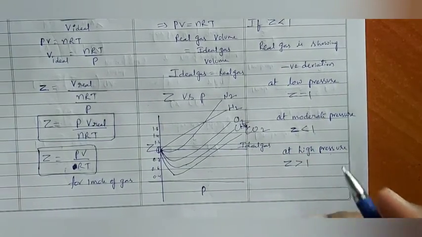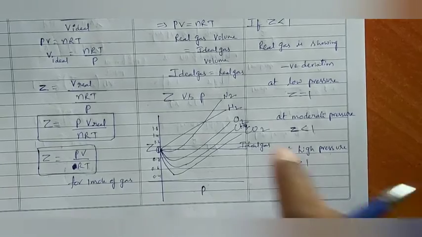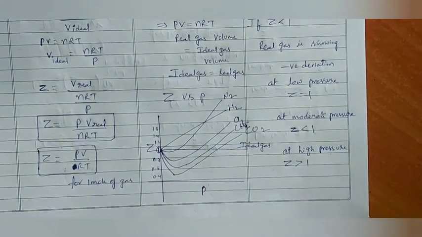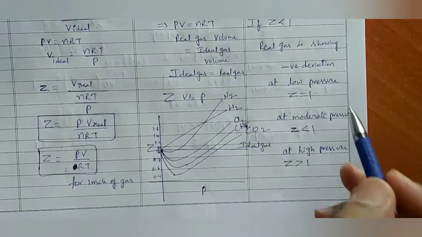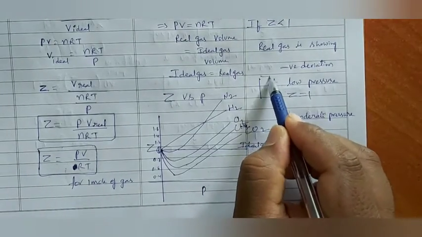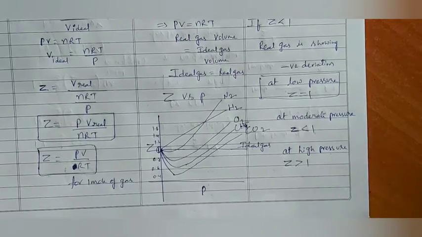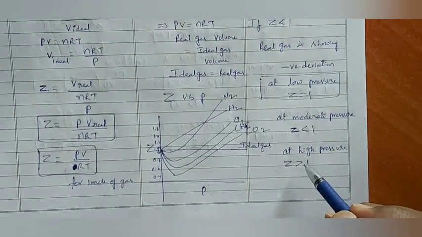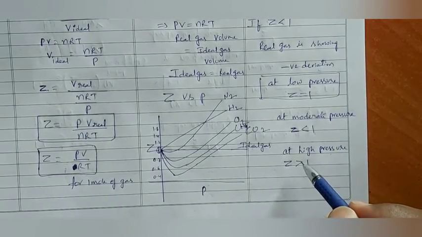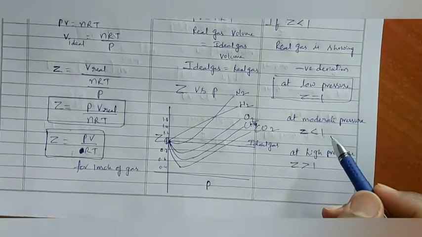But for ideal gas, at any condition, Z is equal to 1 only. That is only this line. So at what condition real gas is showing Z is equal to 1? At low pressure. At moderate pressure and high pressure, real gas is showing deviation from ideal gas. That is the explanation we have seen.